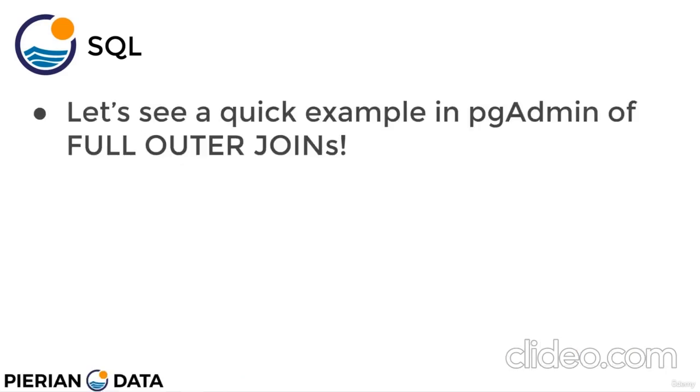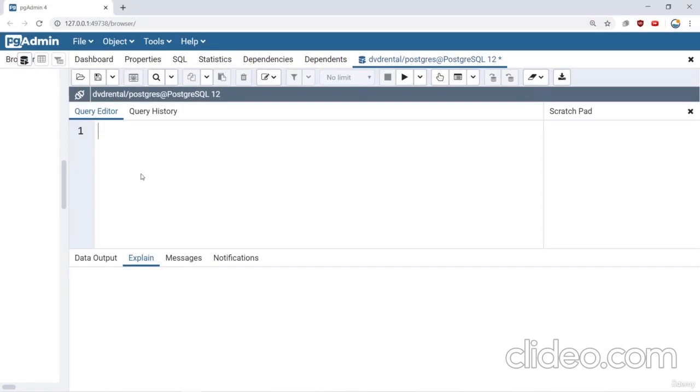So let's see a quick example in PgAdmin of full outer joins, as well as adding in that qualifier. Okay, here we are at PgAdmin. Let's imagine that some new privacy rules have been implemented, and we want to make sure that we don't have any payment information that's not attached to a customer, or that we don't have some customer information that isn't attached to any payments.